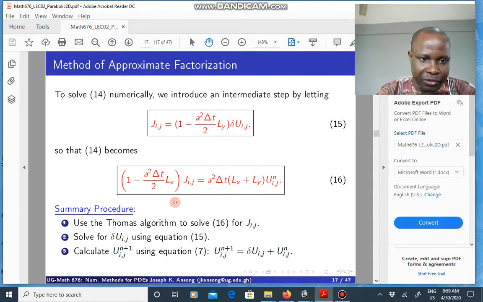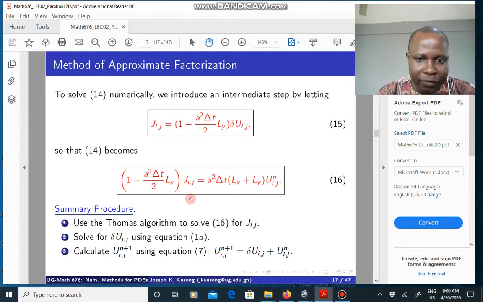This equation. Okay, so you have broken it down. Now, the interesting thing is that once you've done that, the left hand side expression now is a tri-diagonal matrix. So you can solve it for jij, because the right hand side is known.